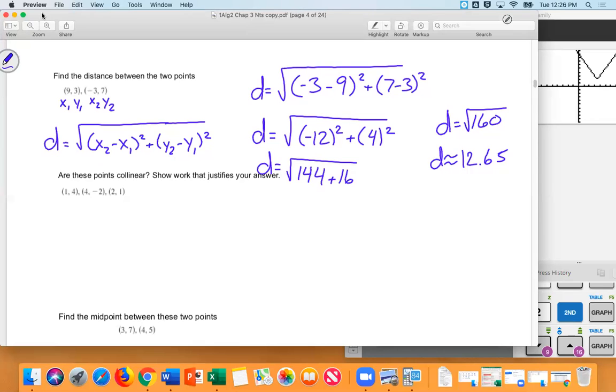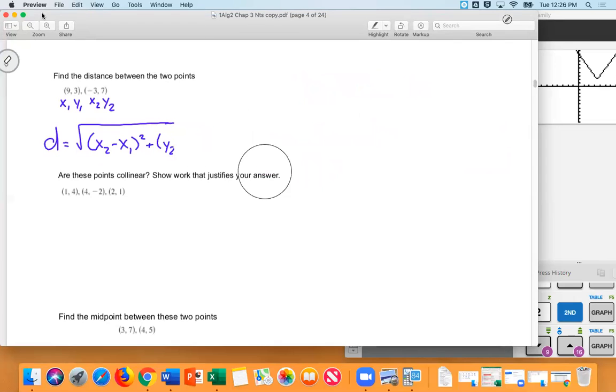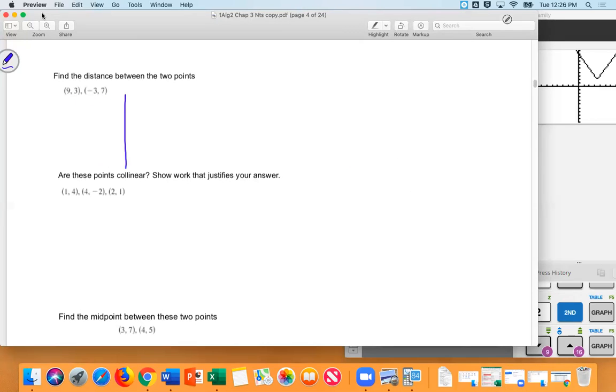Okay. And now that you all got that copied down, this is the way I kind of think about it in my head. So you don't need to copy this down, just kind of watch and listen. I think to myself, I have a coordinate plane here. -3, 7 is like up here, right? And 9, 3 is like here.